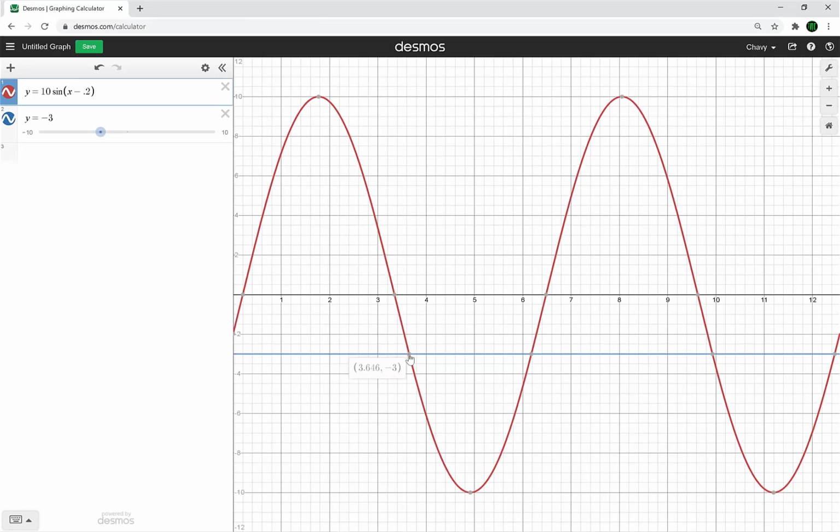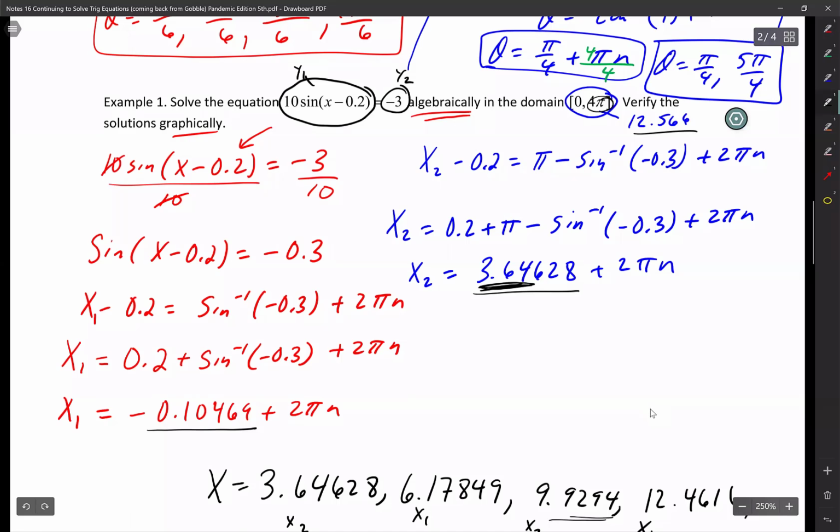Do I have 3.646 as one of them? All right, let's go to the next one. Do I have 6.178? 9.929? And finally, 12.462. There you go. Yay, we did it, guys. We did it. How do we feel?